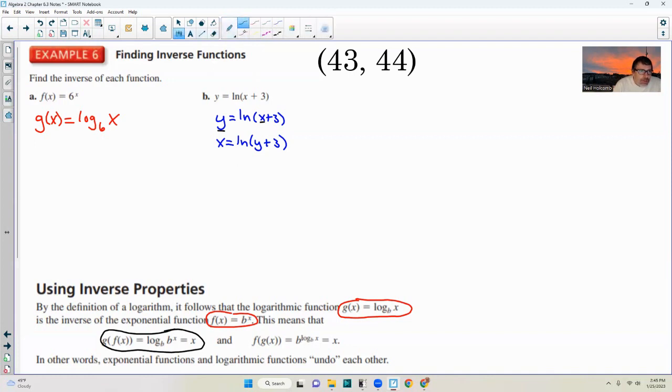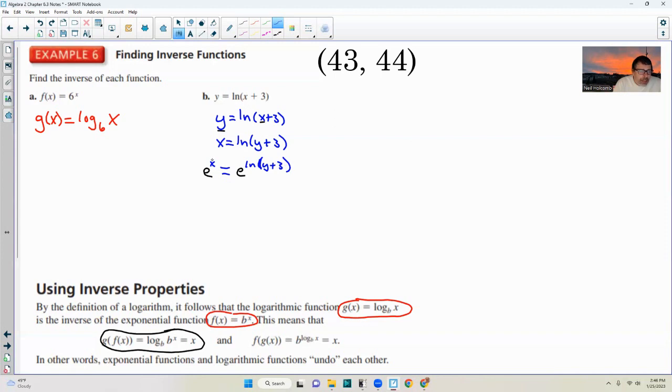So what I'm going to do here is take base e of both sides, is what that's called. So I'm going to make e a base of x, and that is going to equal e to the power of the natural log of y plus 3. Okay, so our bases are the same. E to the x equals e to the natural log of y plus 3.